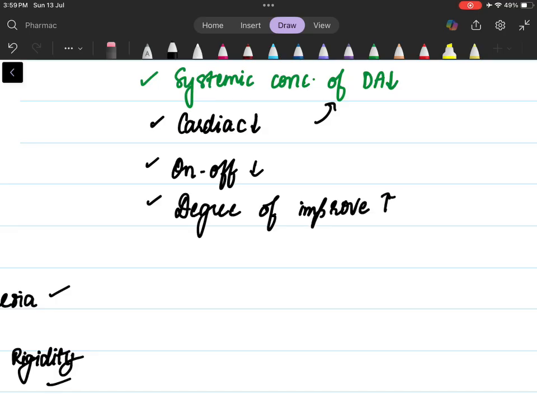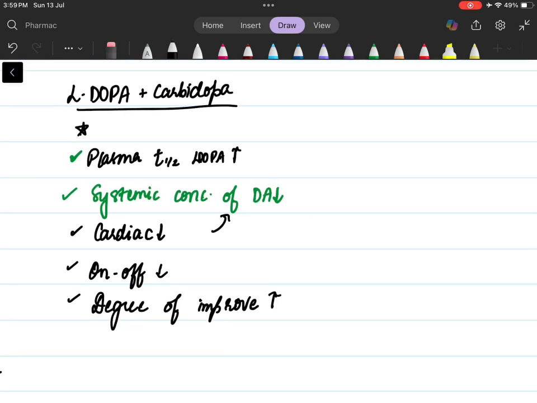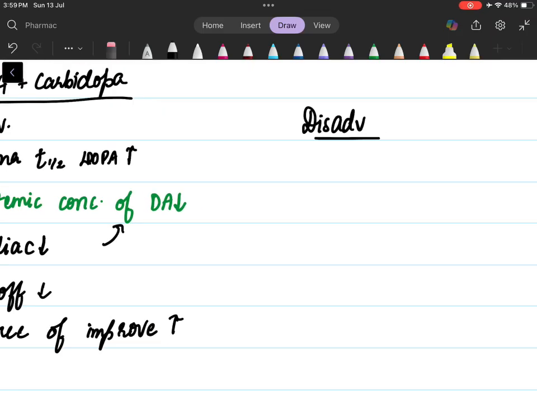Okay, this is very important, often asked in exams. Why is L-Dopa carbidopa combination supposed to be superior to just L-Dopa? These are all the advantages, but unfortunately the combination also has some disadvantages, and let's look at that. I'll mark these in red because, disadvantages.